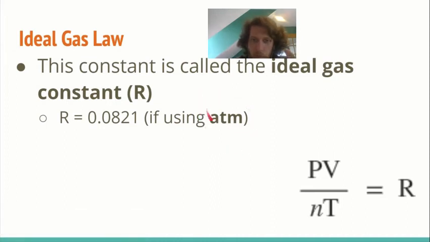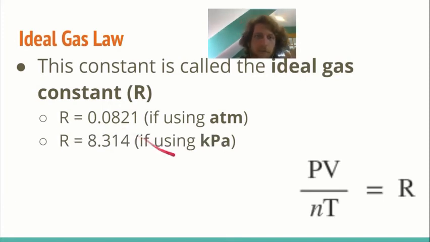So what we want to do is check the units that we're using for pressure. If it's in atmospheres, we're going to use this value for R, because we want the units to cancel, so we need to use the right value. If we are using kPa, that's kilopascals, for pressure, then we're going to use R equals 8.314.